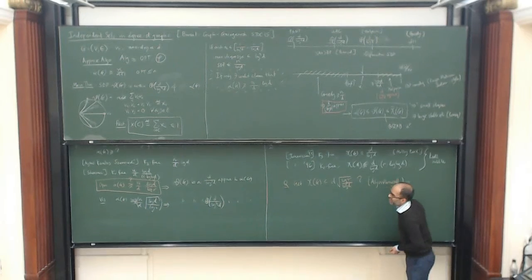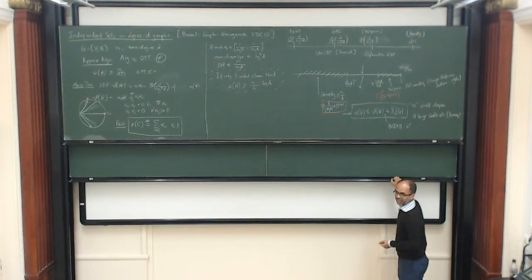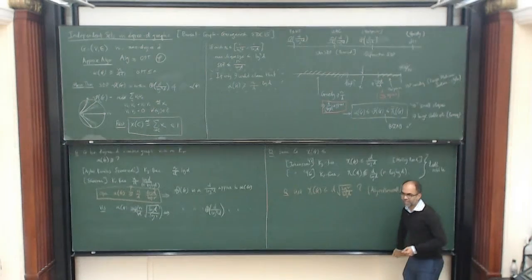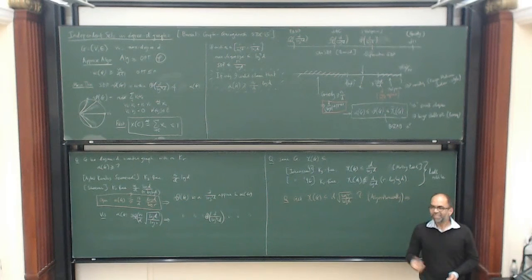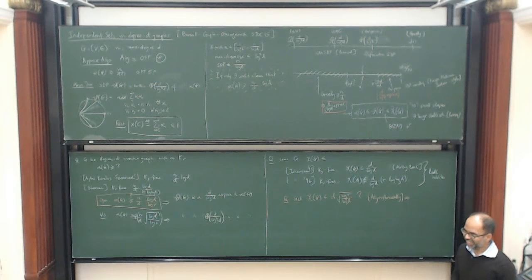I'll maybe move it up. Why can't you just delete a node? Exactly. If you delete the node, if it doesn't go down, then, so are we talking about the independence number?